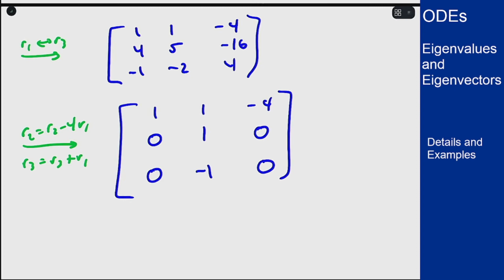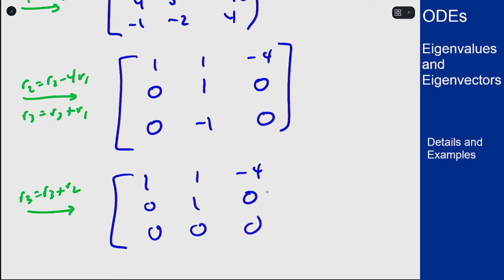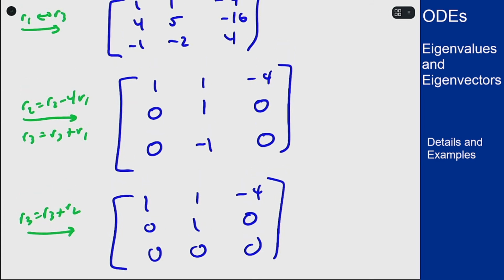This looks a little odd, but it's actually going to be okay. My next step is going to be to cancel out that minus 1 at the bottom by doing row 3 is row 3 plus row 2. Give me the following, 1, 1, minus 4, 0, 1, 0, 0, 0, 0, which is in row echelon form. In equation form, this tells me that v1 plus v2 minus 4v3 equals 0, and v2 equals 0.